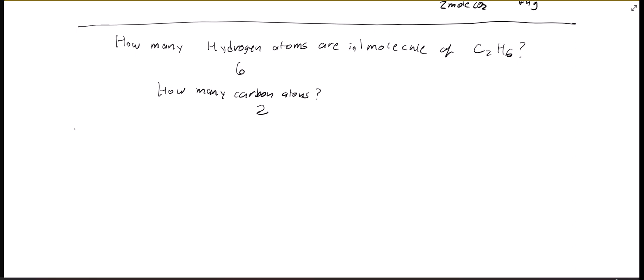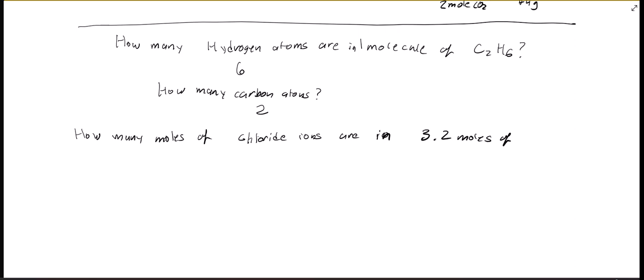So I might ask the question, how many moles of chloride ions are in 3.2 moles of magnesium chloride.